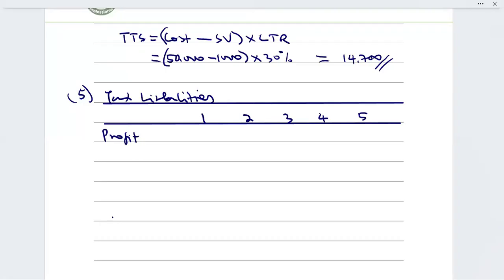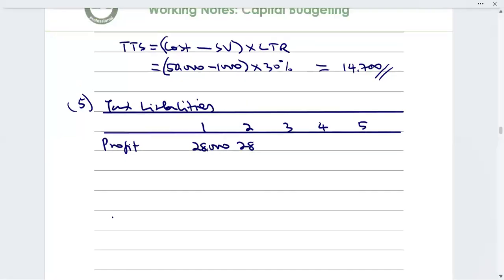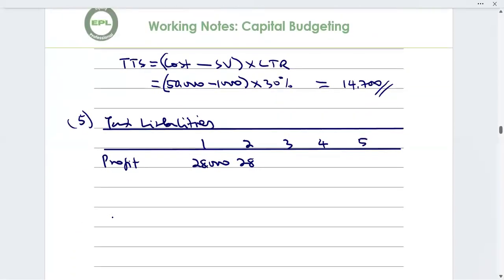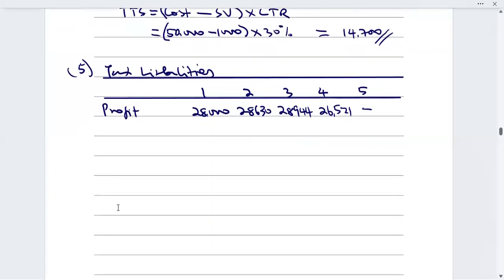Profit for year 1 is 28,000. Year 2 is 28,630. Year 3 is 28,944. Year 4 is 26,521. So that represents the profits.